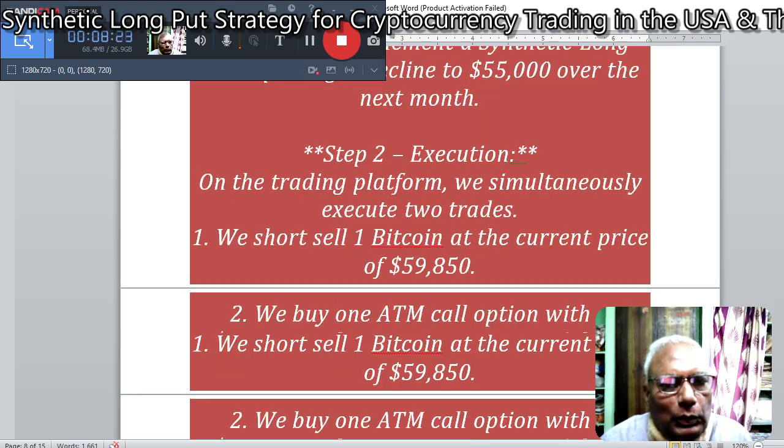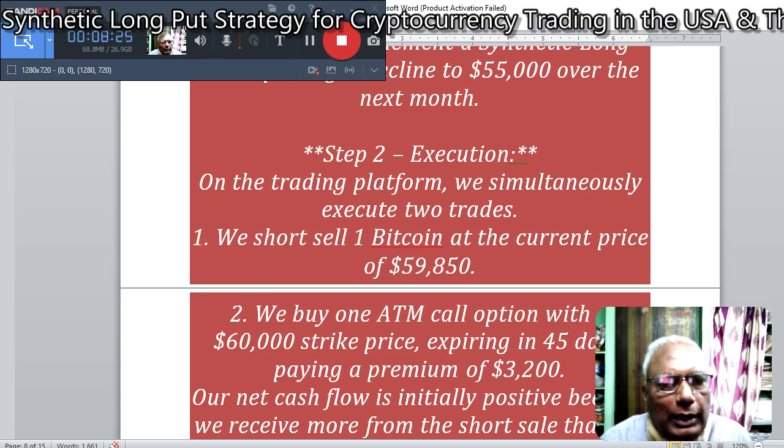Step 2. Execution. On the trading platform, we simultaneously execute two trades. One, we short sell 1 Bitcoin at the current market price, that is $59,850.